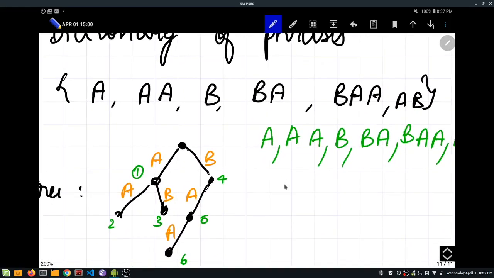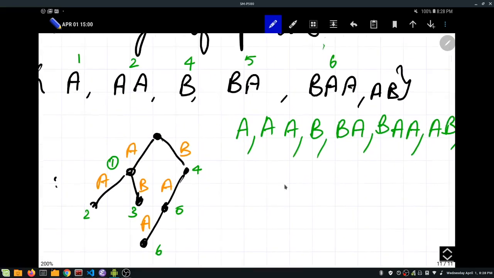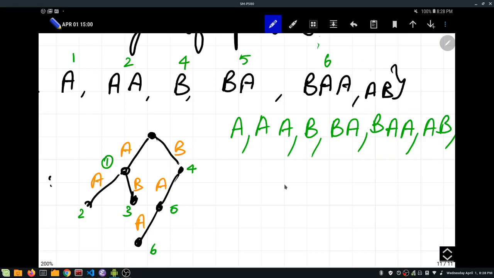Now we'll look at the dictionary. The first element in the dictionary is node 1. The second element in the dictionary is node 2. The third element in the dictionary is node 4. The fourth element in the dictionary is node 5. The fifth is node 6, and the sixth is node.